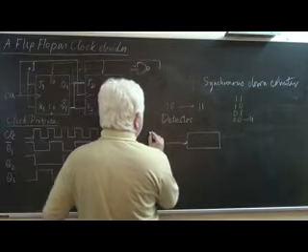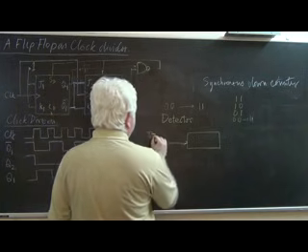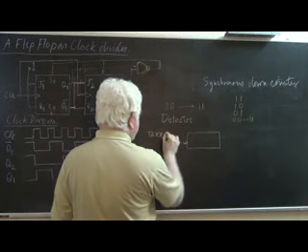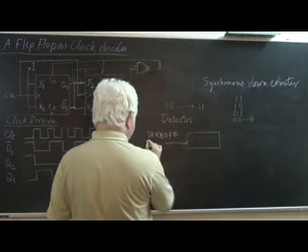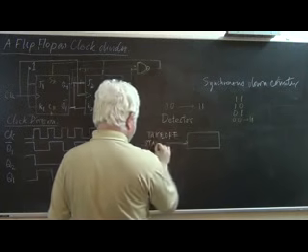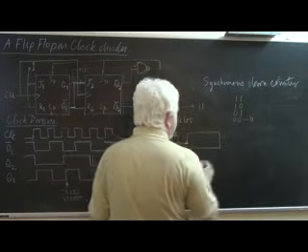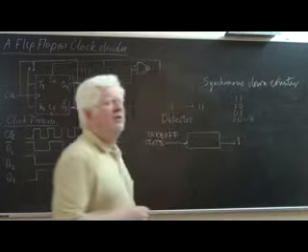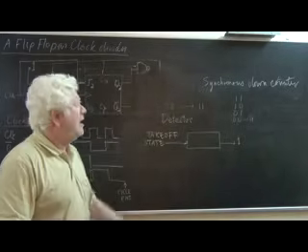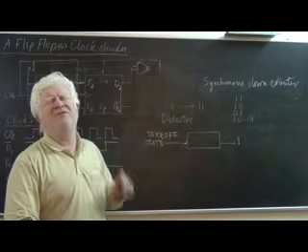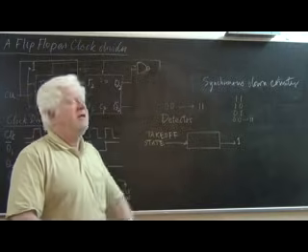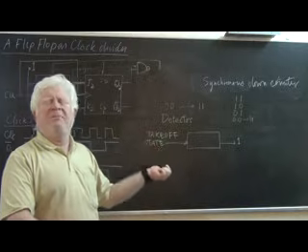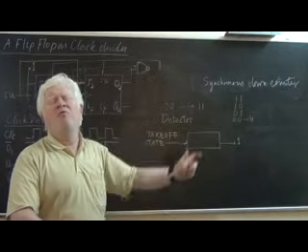So the input is the takeoff state, and the output should be a 1, logic 1. That is to say, except when the takeoff state appears at the input, the detector should always give a 0. Only when the takeoff state appears, the detector should output 1.